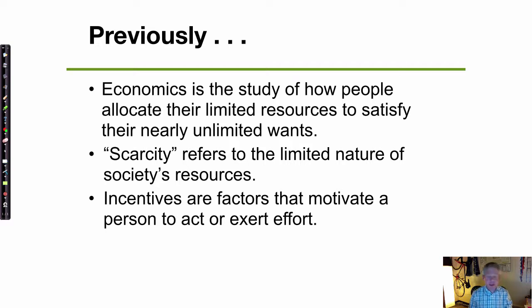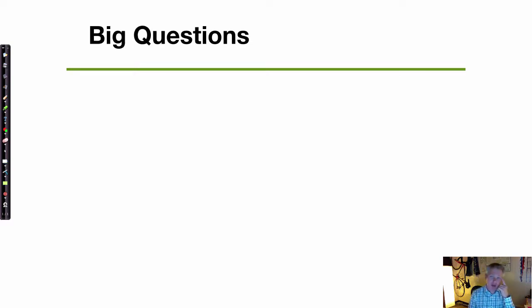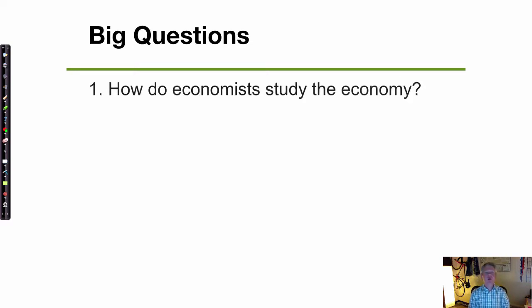So in this chapter, the big question that we're going to talk about is, well, what's the main way in which economists study the economy? And the main way economists do that is by building models, which are simplified versions of the real world. So in this class, we're mostly going to be talking about theoretical models. And so we're going to have things like the supply and demand diagram.